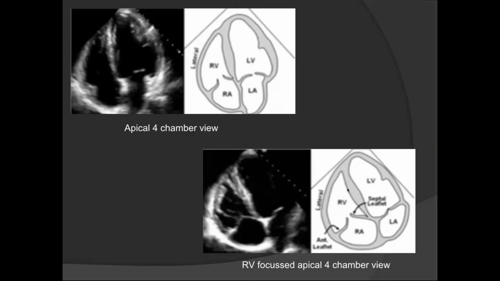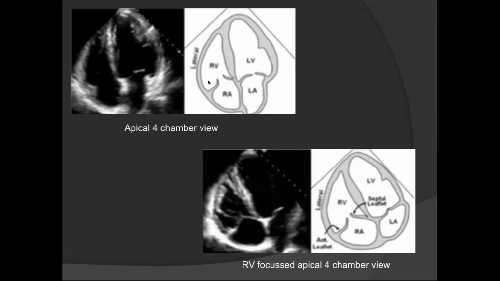If you can see the difference between these two images, you will be happy accepting this image and you will start measuring in the upper image because you are seeing the RV. But what you are seeing is a foreshortened RV. What you have to do is tilt your probe in such a way that you get a basal diameter of the RV which is the maximum.